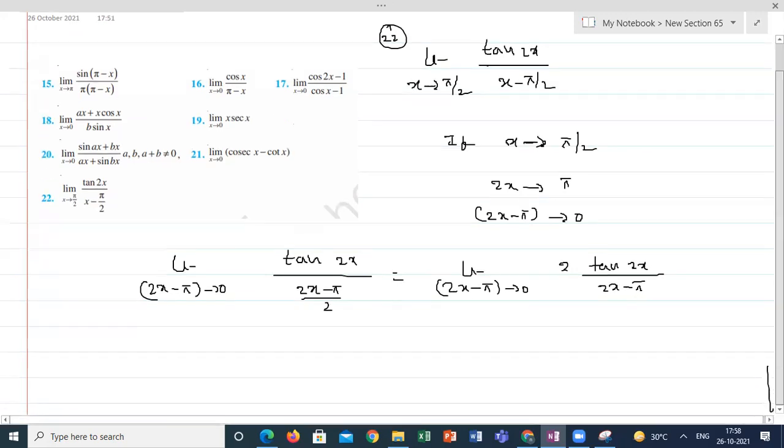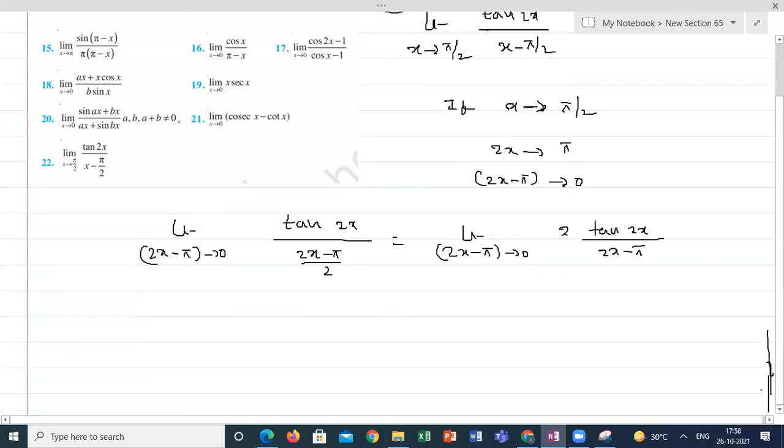So how to deal with tan 2x? It can be written as tan of pi minus something. Using the trigonometric ratio, how will you write it, students? What is the value of tan of pi minus theta?